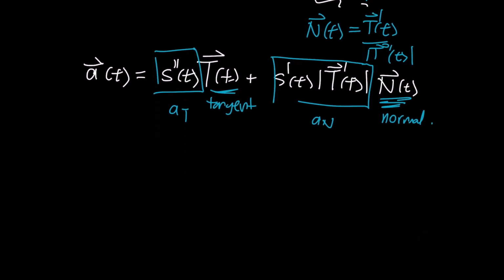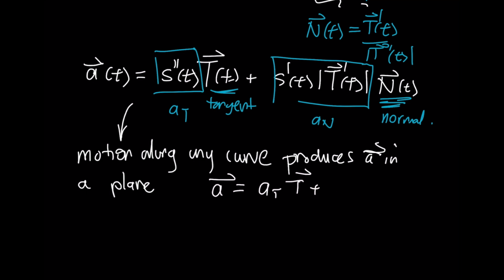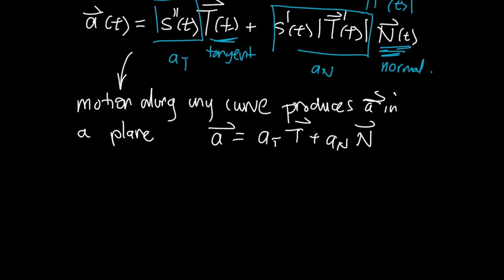So what this is telling me is that motion along any curve produces an acceleration vector that's in a plane. The acceleration vector is some amount in the tangent direction and some amount in the normal direction. And remember, we've already discussed that those two vectors are always orthogonal to each other.